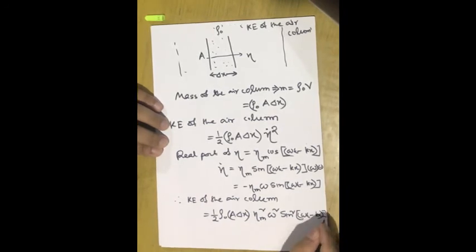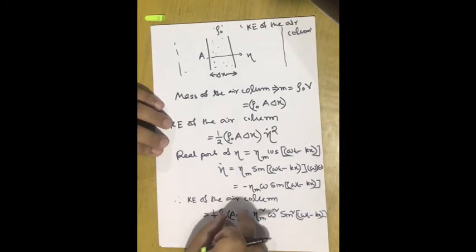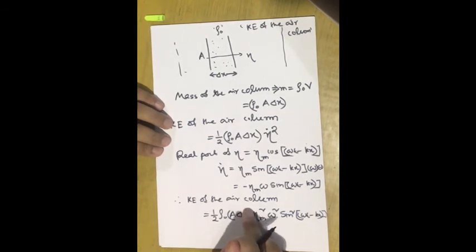If we are interested in the kinetic energy density, we have to divide the kinetic energy by the volume of this element, A into delta x. Therefore the kinetic energy density will be equal to the total kinetic energy divided by A into delta x, because A into delta x is equal to the volume.